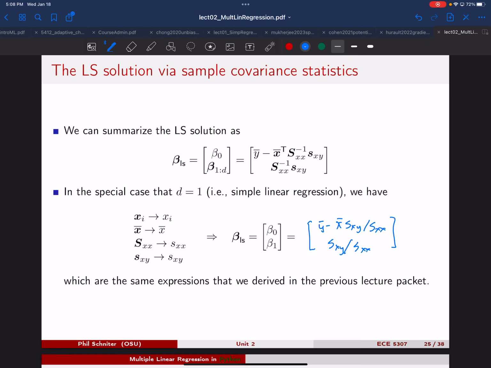So these are scalar divisions, right? But hopefully you can see how this directly corresponds to this.